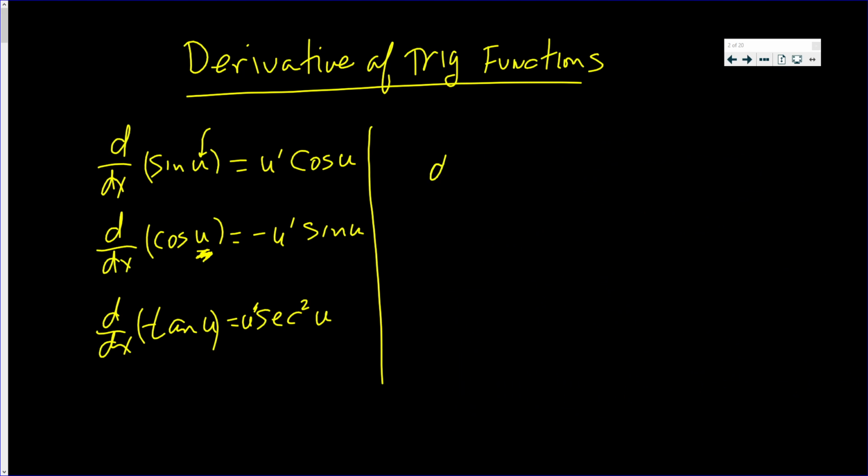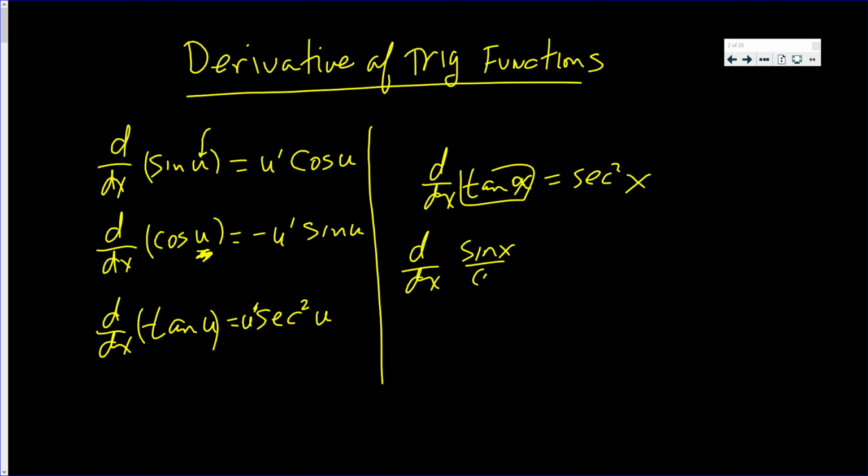I mean, you can prove that the derivative of tangent of x is secant squared x. You don't just have to accept that. Tangent x is sine x over cosine x. So I want the derivative of a quotient.